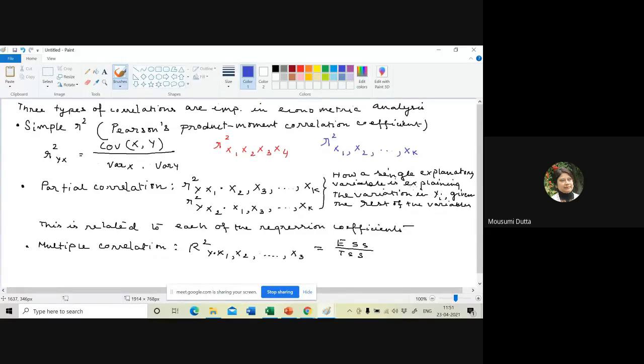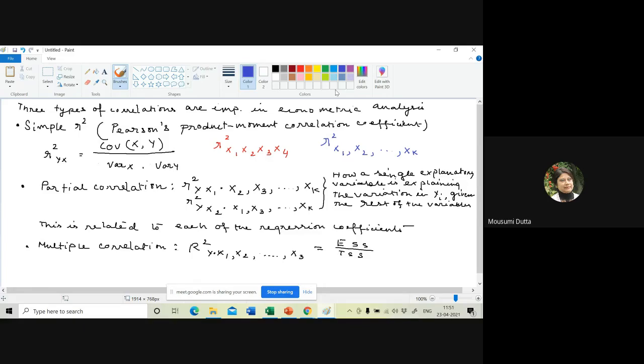Okay. If you consider the definition as I have written, r square yx, it is the relation between demand and price. Now you can consider the relation between demand, price, and income. Or you can consider the relation between demand, price, income, education.